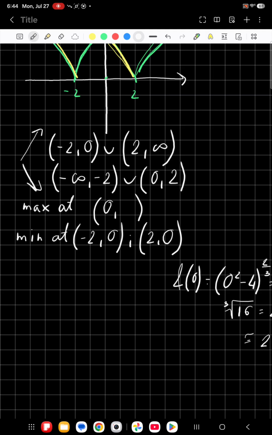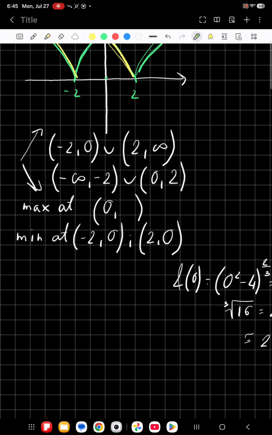That's easy to figure out with those y's. Just plug in negative 2 and positive 2, and you get 0. Yeah, so that's that basically.